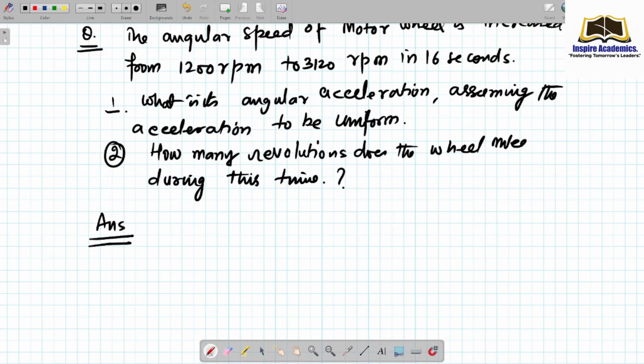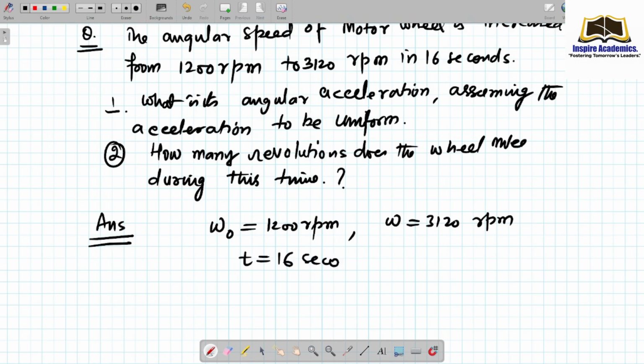The angular speed of the motor is increased from 1200 rpm. That means the initial angular speed omega naught is 1200 rpm, the final speed omega is 3120 rpm, and the time t is 16 seconds.